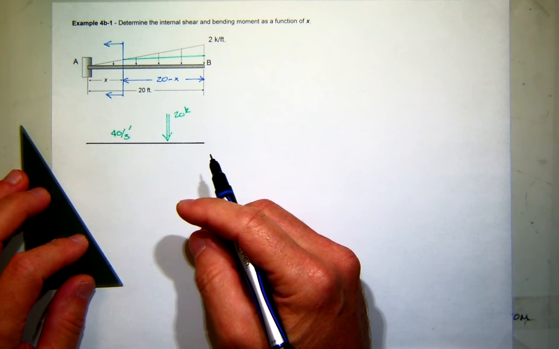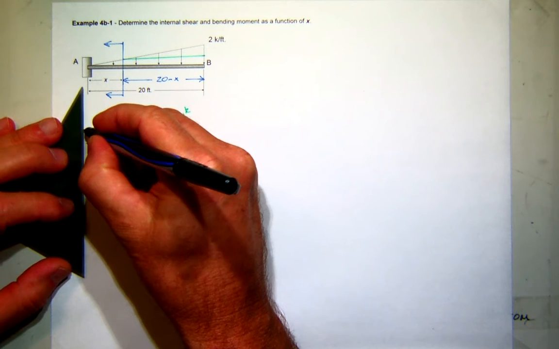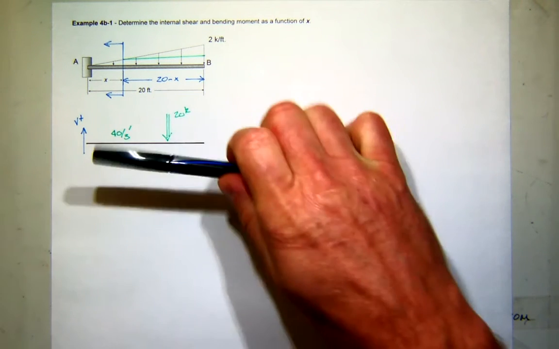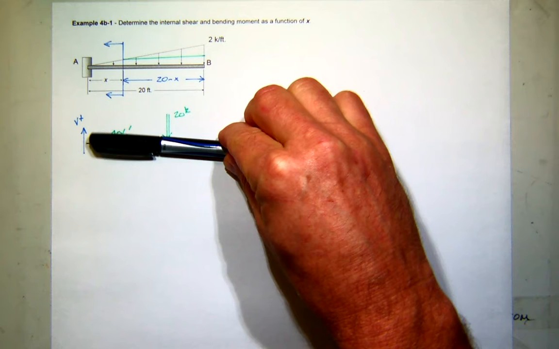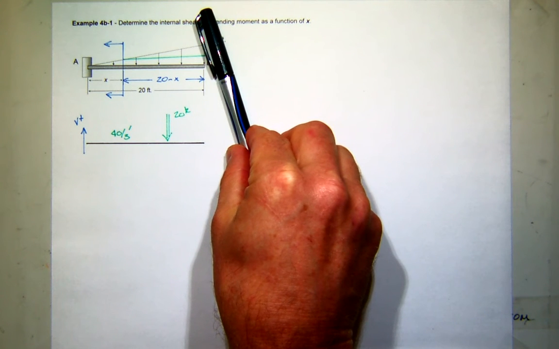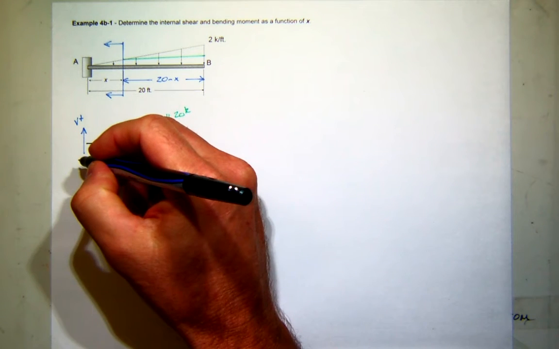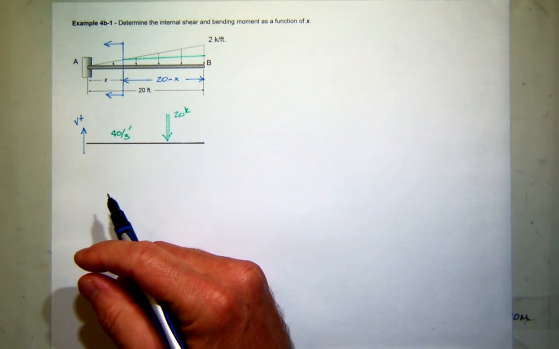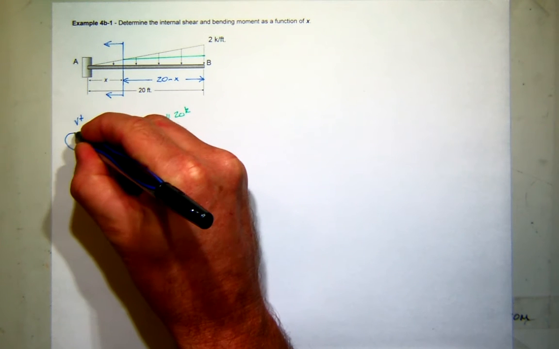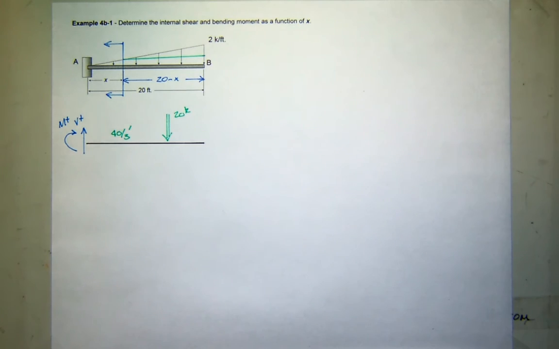That's not a majority. That's unfortunate. It's up. Why is it up? Because the beam, it always makes a smiley face. It's trying to rotate the beam clockwise. Right? What about bending moment? I think that's easier. Is it going to be clockwise or counterclockwise on that left edge? Clockwise. So there's positive bending moment and positive shear force.